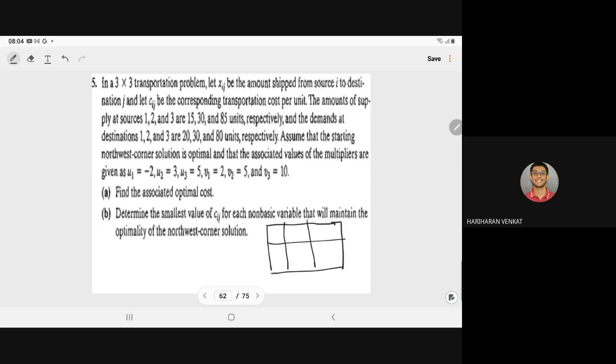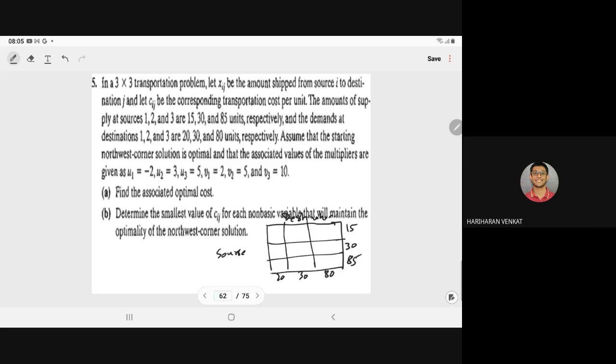So here, on this side we have the source, and on this side we have the destination. It is given to you that at the source we have the supply limits 15, 30, and 85, and demand limits are 20, 30, and 80.